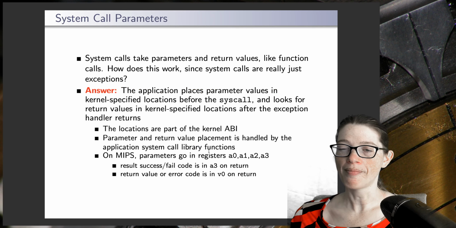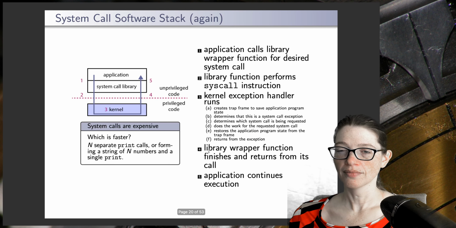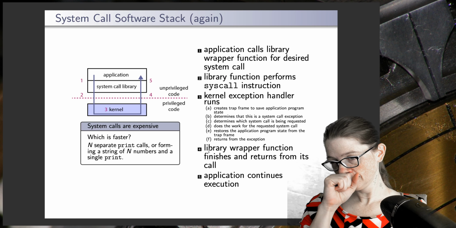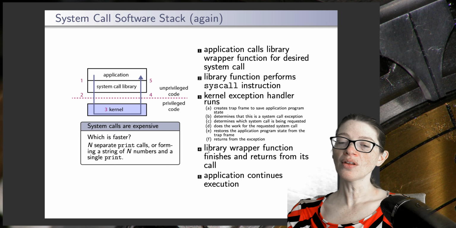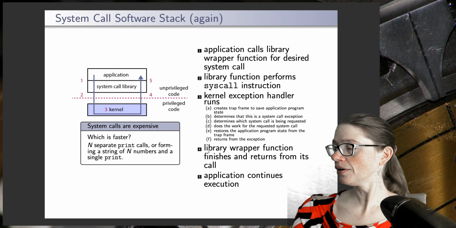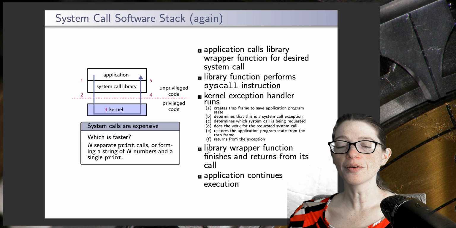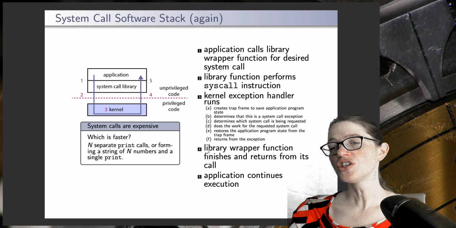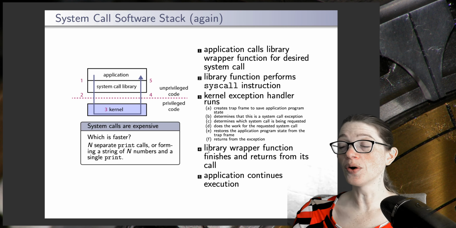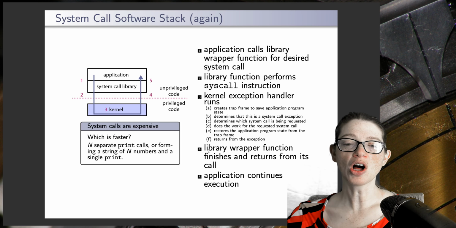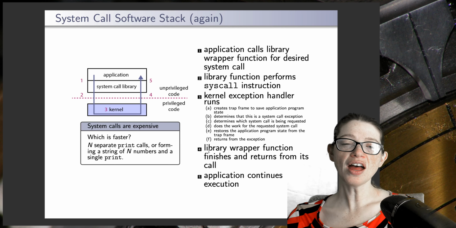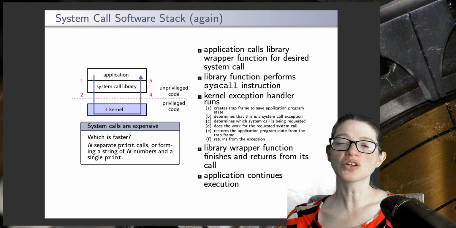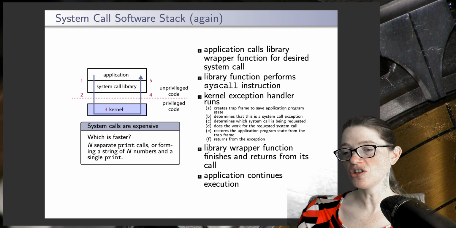If you look on slide 20 here, you'll actually see a bit greater detail. So the application is going to call fork, which is the system call library function. Inside of the system call function, it's going to actually raise the exception.